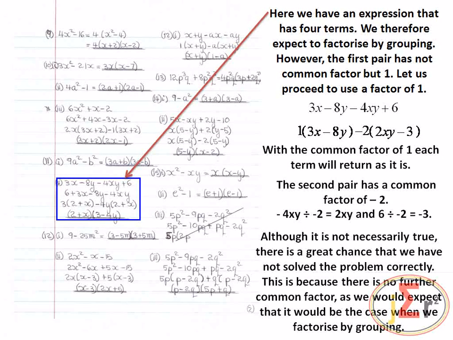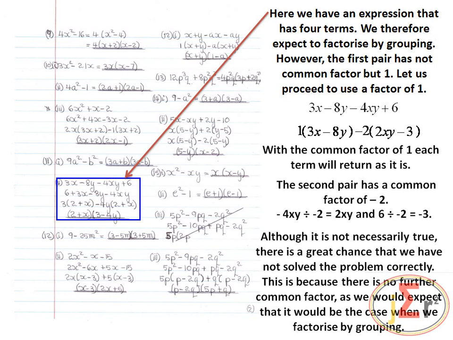And also, using 1 as a common factor does not prevent us from being correct. However, we would expect that when we are factorizing by grouping, we will get in another step another common factor that we can finish factorizing the entire expression, instead of having one that factorizes up to a point and cannot be factorized further.